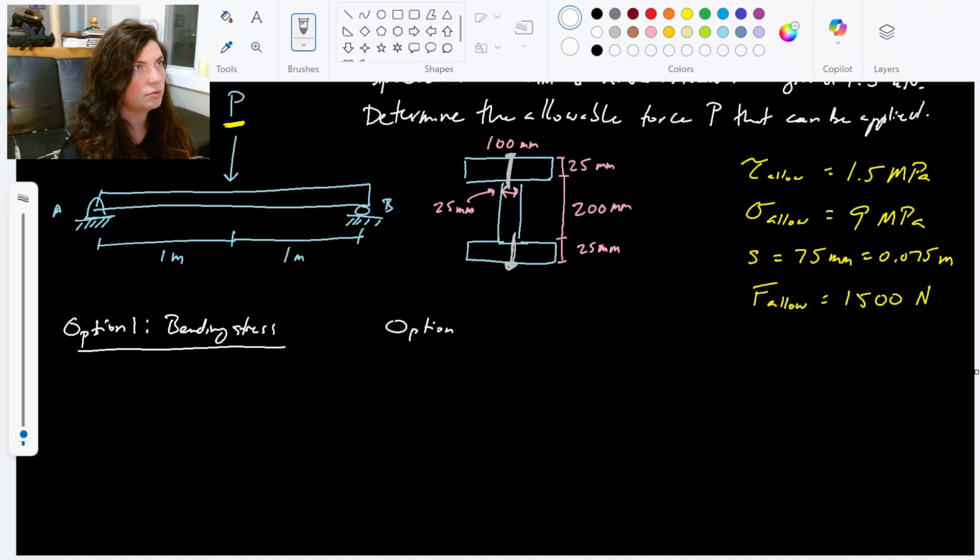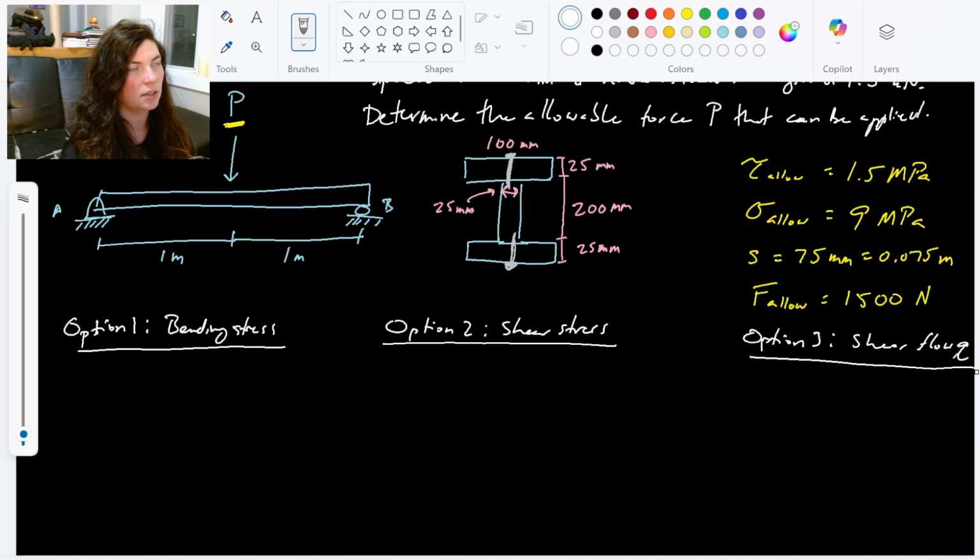Option 2, shear stress. And then option 3 is the shear flow option, or the fastener's limitation, that shear strength limitation. So I'm going to just call this shear flow q, or you could call it shear strength F, whatever you want to call this.